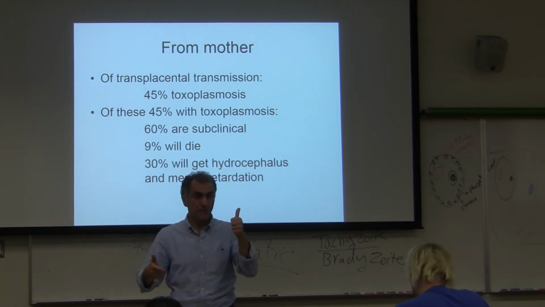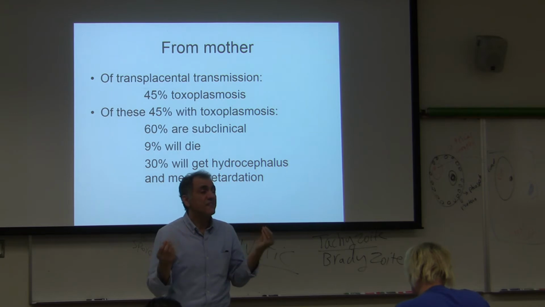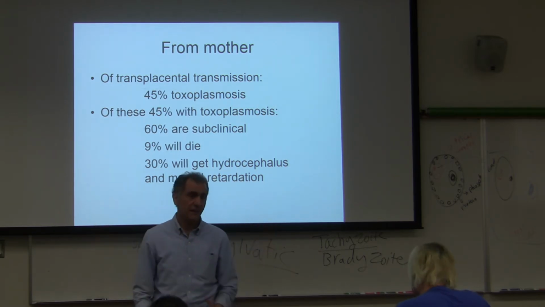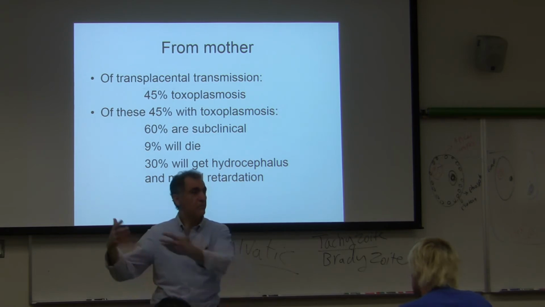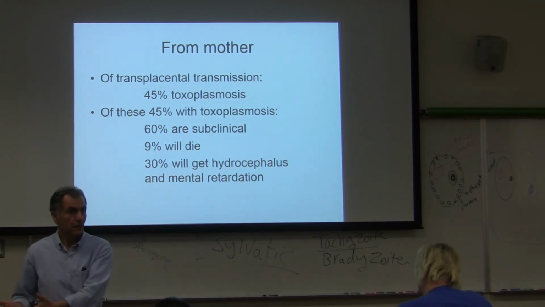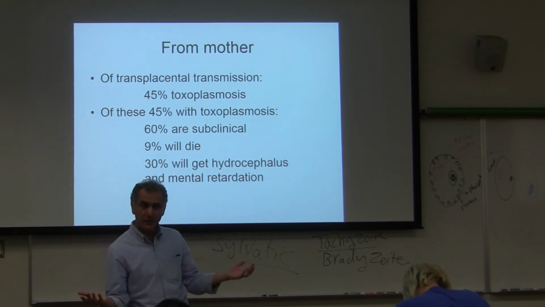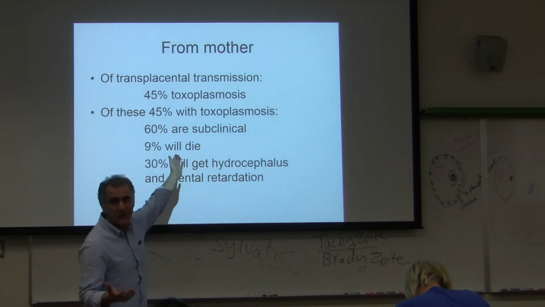Am I making some sense? It's a 50-50 chance that the baby is going to be aborted or mentally retarded or hydrocephalic. 50% chance the baby is going to be healthy. Am I making some sense? I mean, all of you said that for 50%? Yeah. 45, actually.